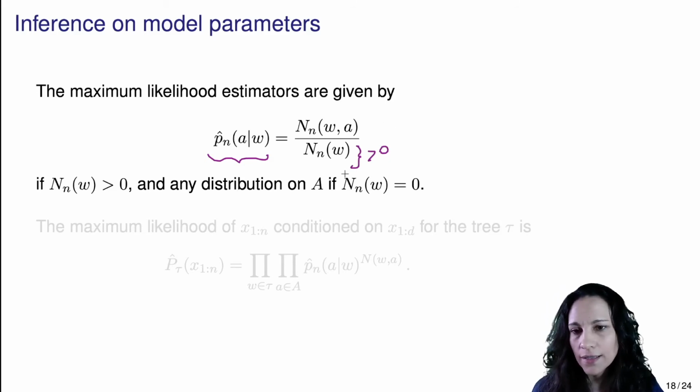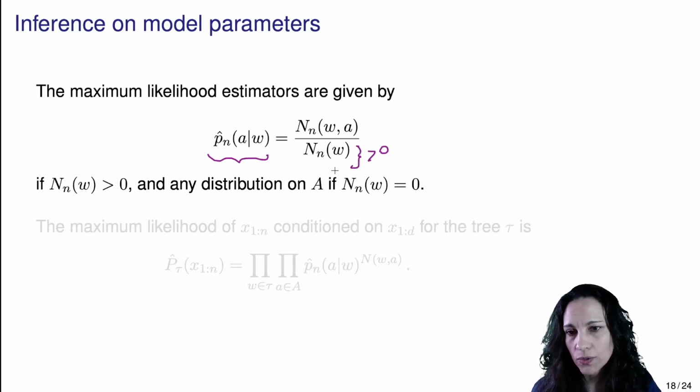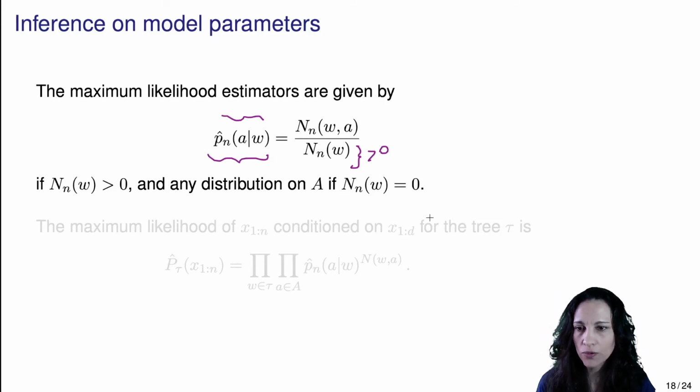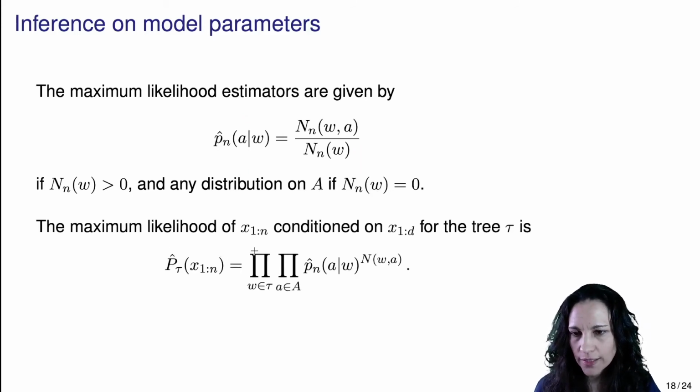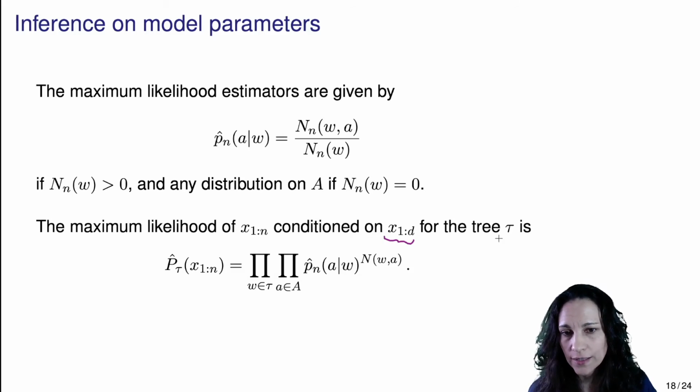But it is not a problem, because if n of w is 0, then the sequence wa cannot occur, and then we can define this empirical probability as any distribution on A in the case that n of w is 0, okay? So the maximum likelihood of the sequence x_1^n conditioned on the first d symbols for this tree tau is given by this expression here.